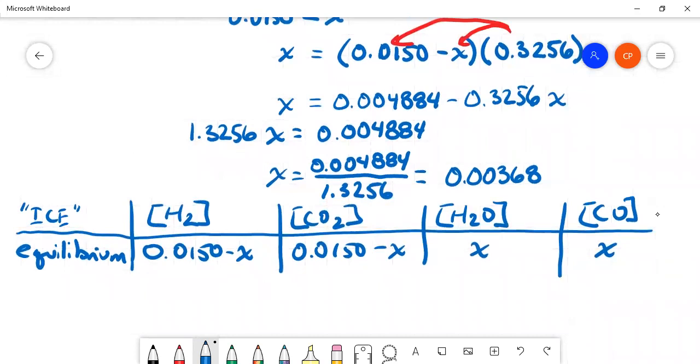Okay? Well, for H2O and CO, that's pretty doggone straightforward. 0.00368 molar.